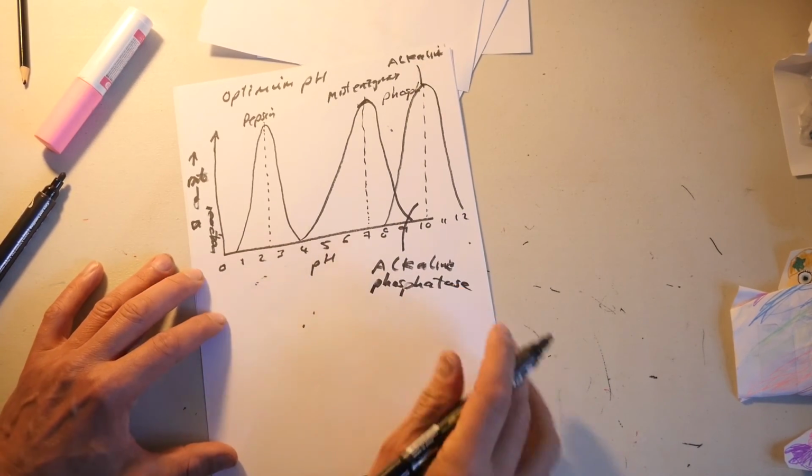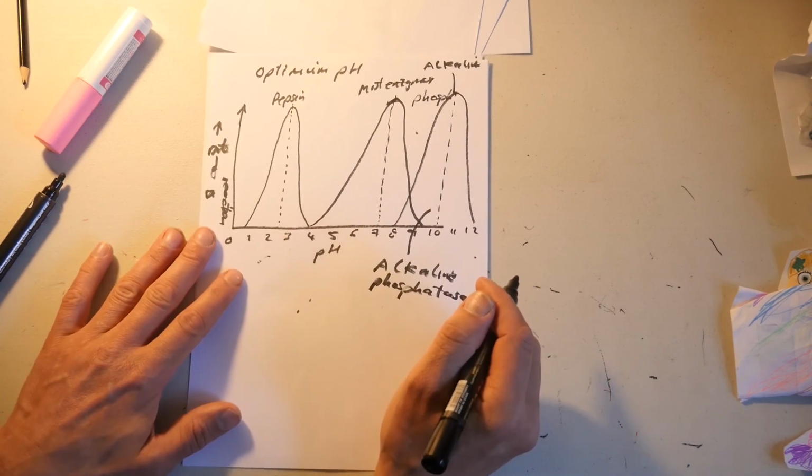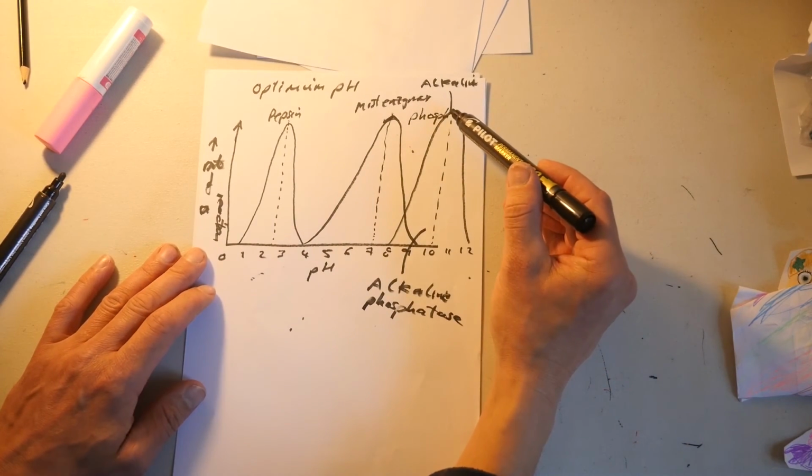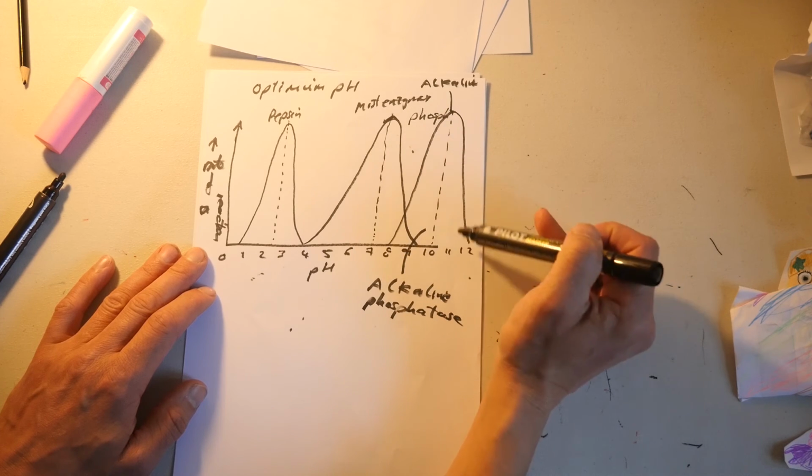So that's alkaline phosphatase, an enzyme. I forget what it does, but it has an optimum pH at pH 10. Below that the activity is lower, and above that the activity is lower.